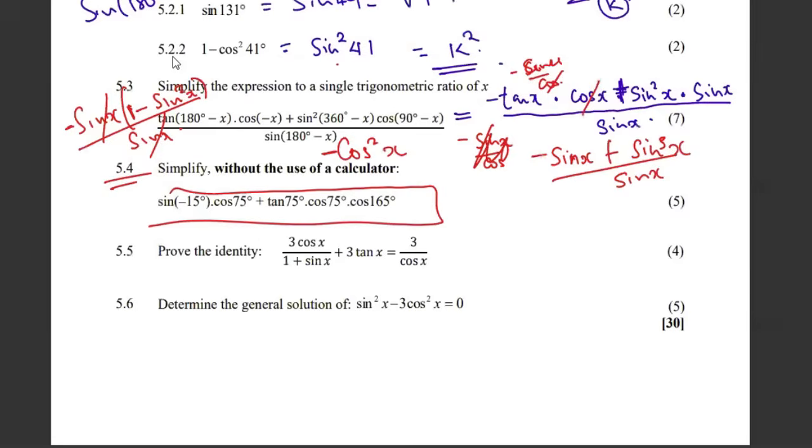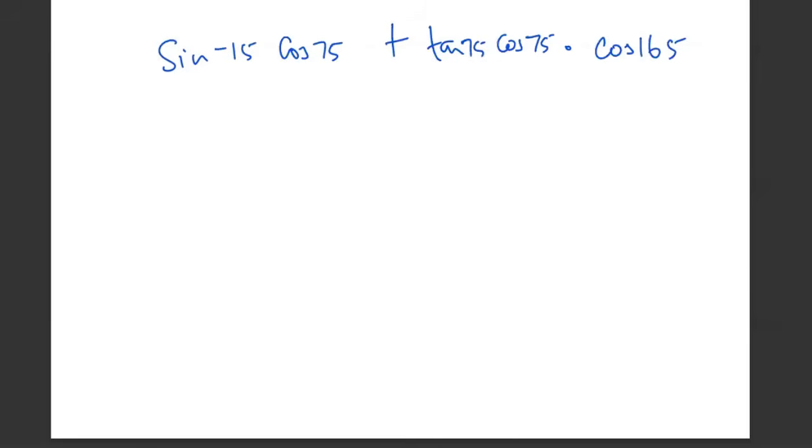Okay, all right, so that is what we are having. Now, how do we break this down? Okay, we can move this one to that side, so that's a negative sine 15.